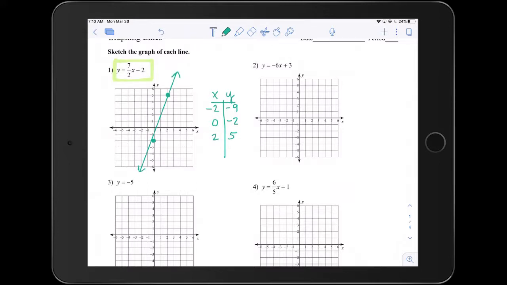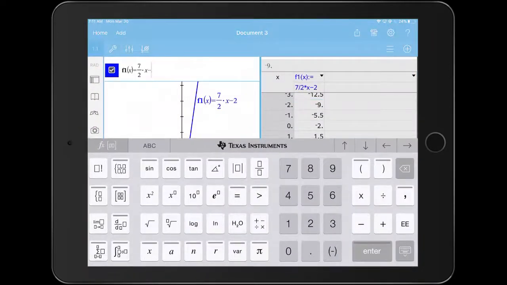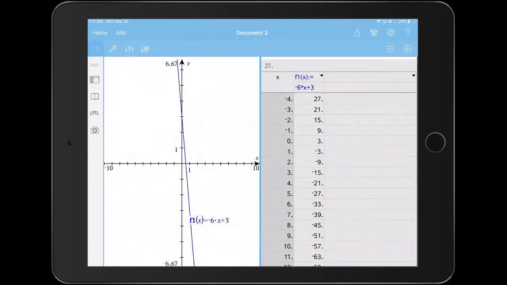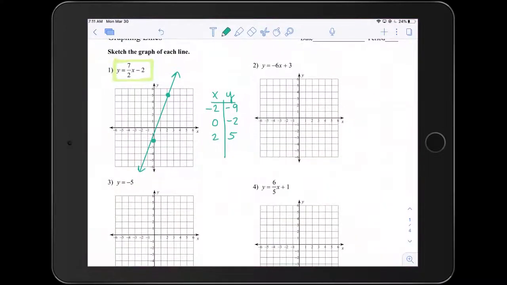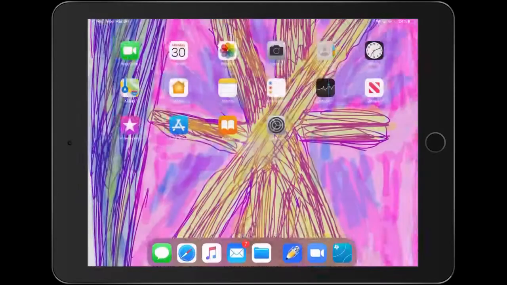For the second line, we're going to do the same thing. y equals negative 6x plus 3. So I'm going to go to my graphing calculator and plug in negative 6x plus 3. When I look at my coordinates, I can write down negative 1, 9, 0, 3, 1, negative 3, and 2, negative 9.